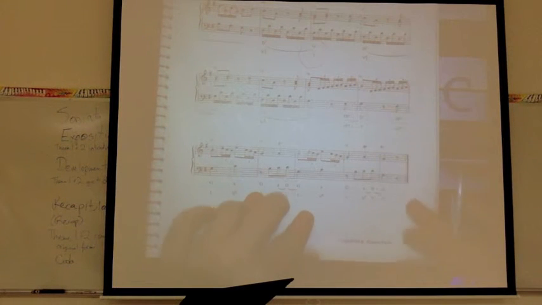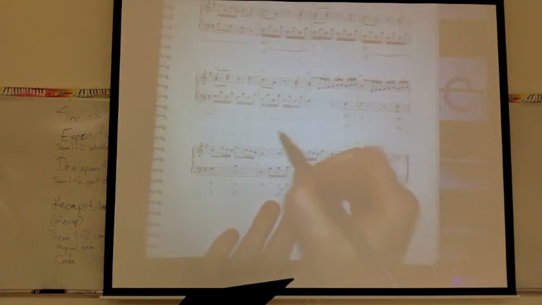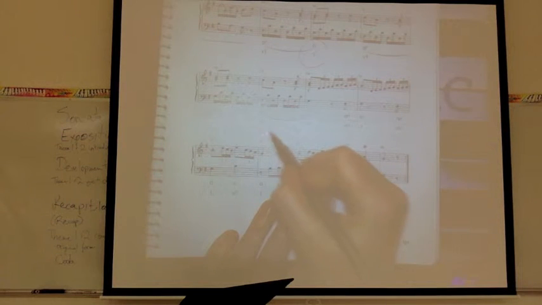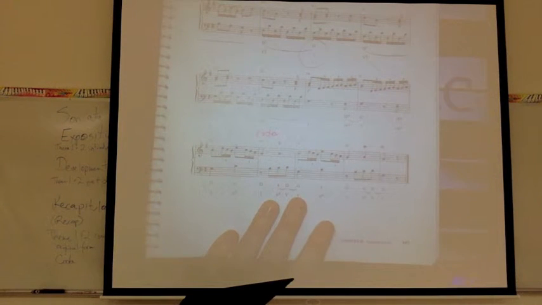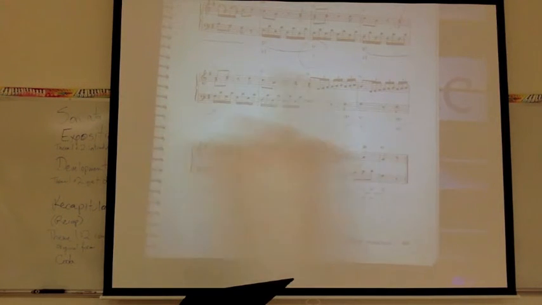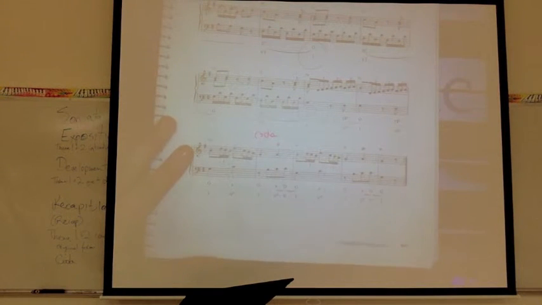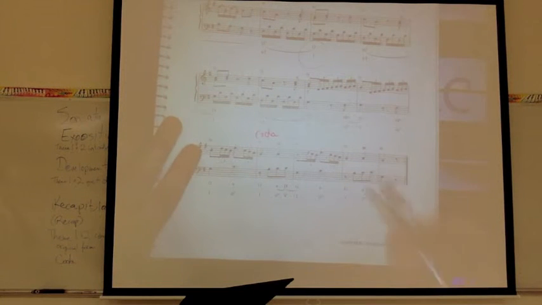And here is our little coda. Okay? So it just takes everything, wraps it all up, and ties a bow on it, and then we get a nice perfect authentic cadence at the end. So that's really it.